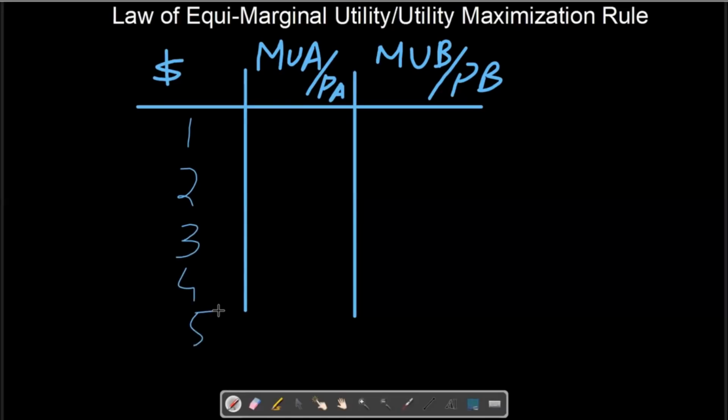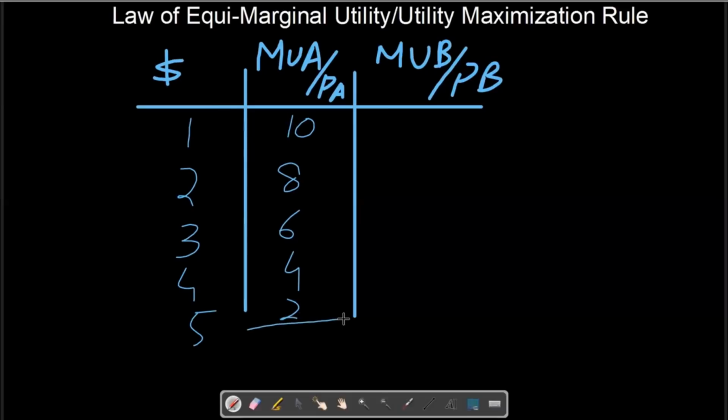If the consumer spends the first dollar on product A, given its price, the marginal utility of A per price is, let's say, 10 units. The marginal utility of spending the second dollar on product A per price would be 8 units, and on the third it would be 6, and then 4, and then 2.